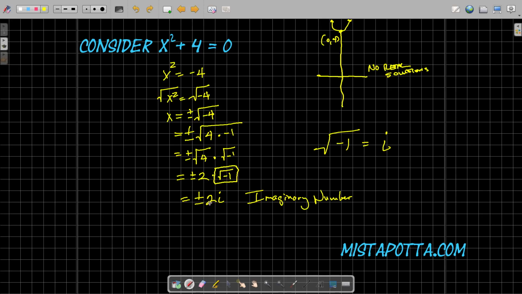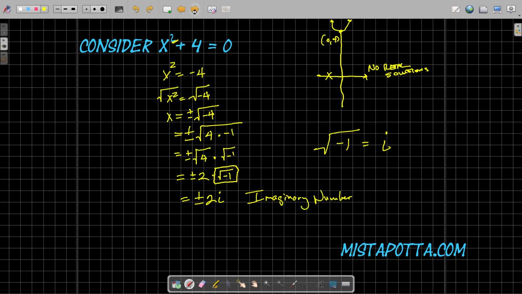It isn't a real number, because if it was, this parabola would have a solution on the real number line. I would have places where my parabola crosses the x-axis. I don't. So we call this an imaginary number, but keep in mind this is a second-degree polynomial, so I should have at most two possible solutions, and my two solutions are positive and negative 2i.